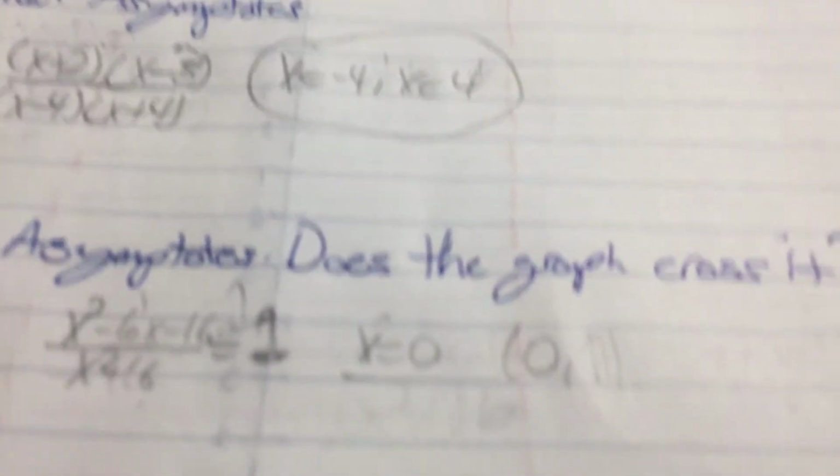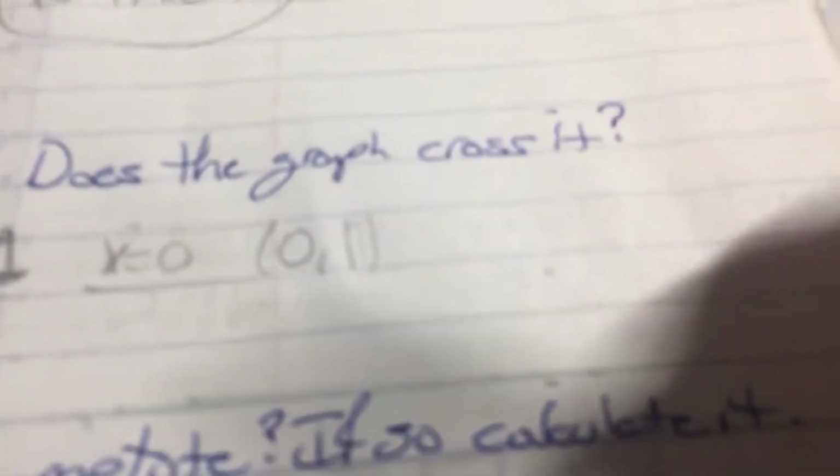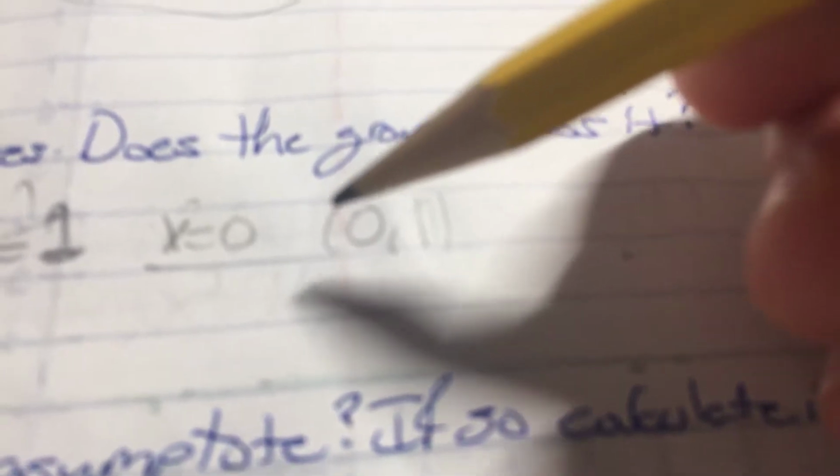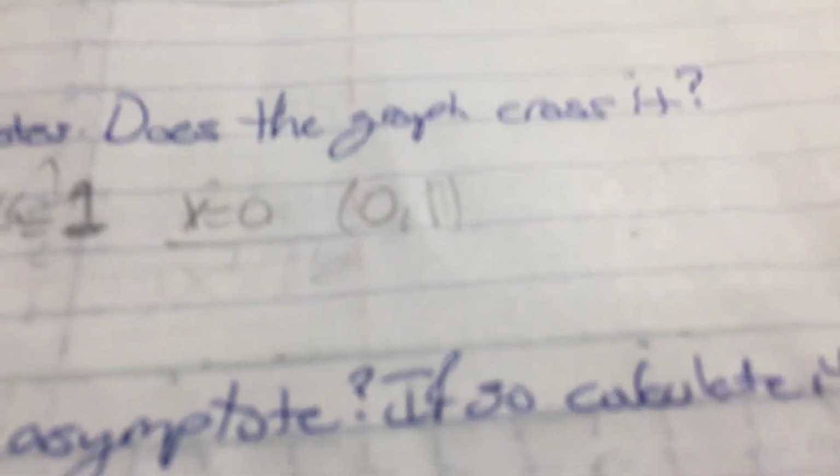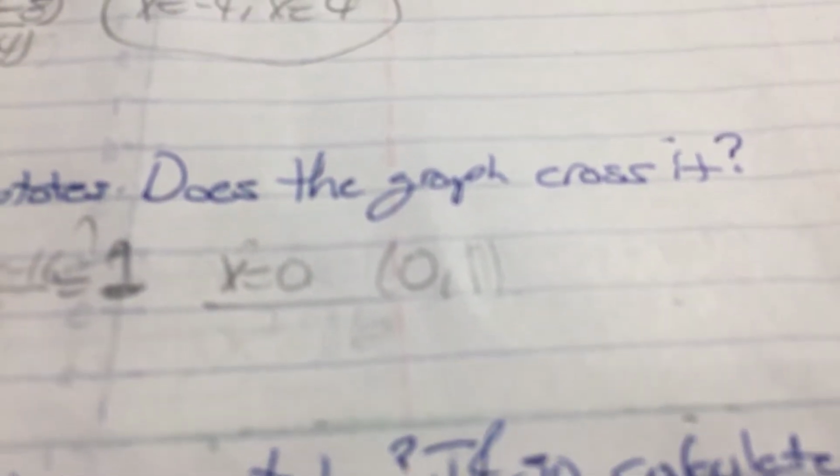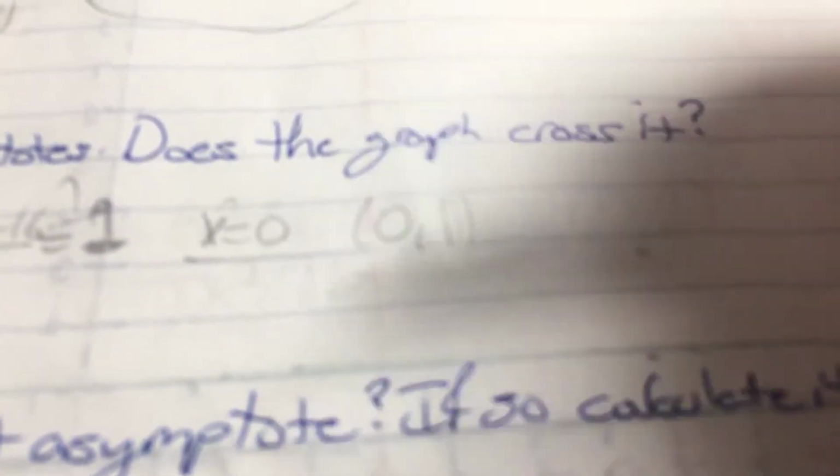So, x equals 0. Therefore, the graph crosses the horizontal asymptote at (0, 1), which, since the x value is 0, is also our y-intercept, (0, 1).